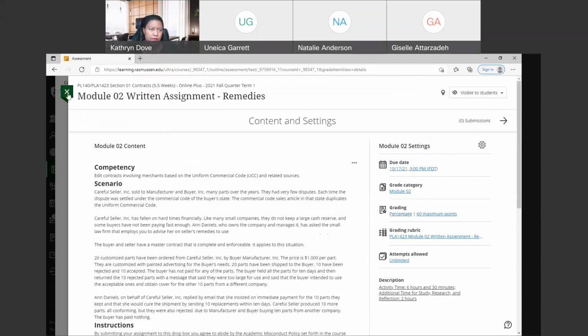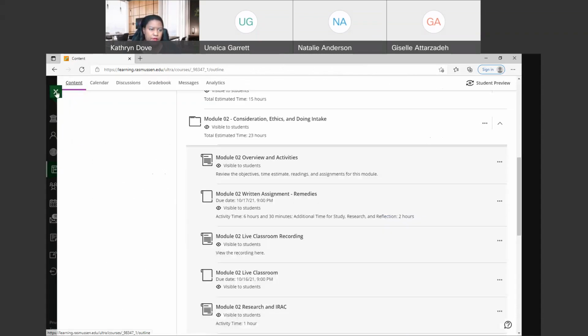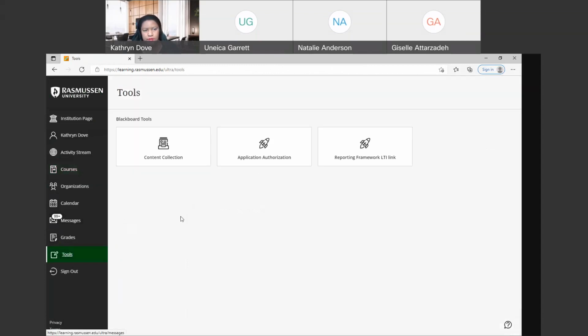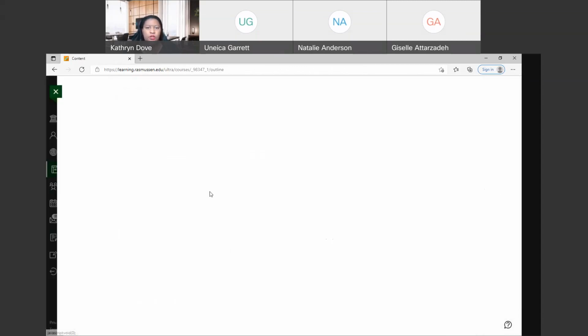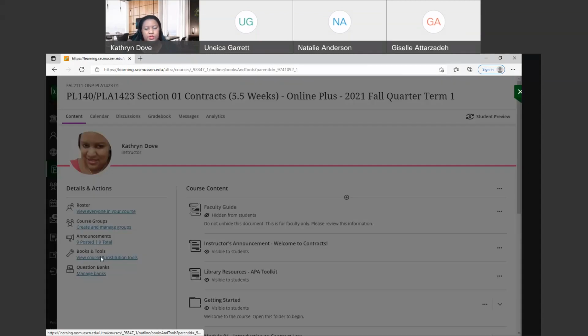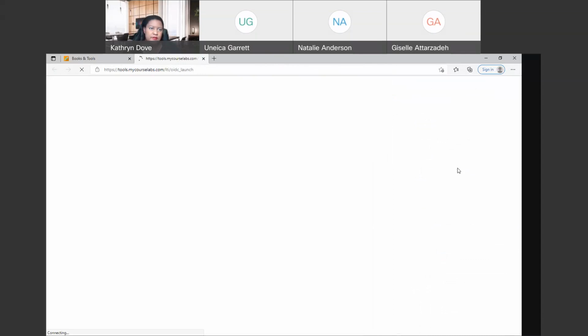So what I want to do now is go to our resources. I want to go to our library resources, which is under books and tools. Go to our library resources.